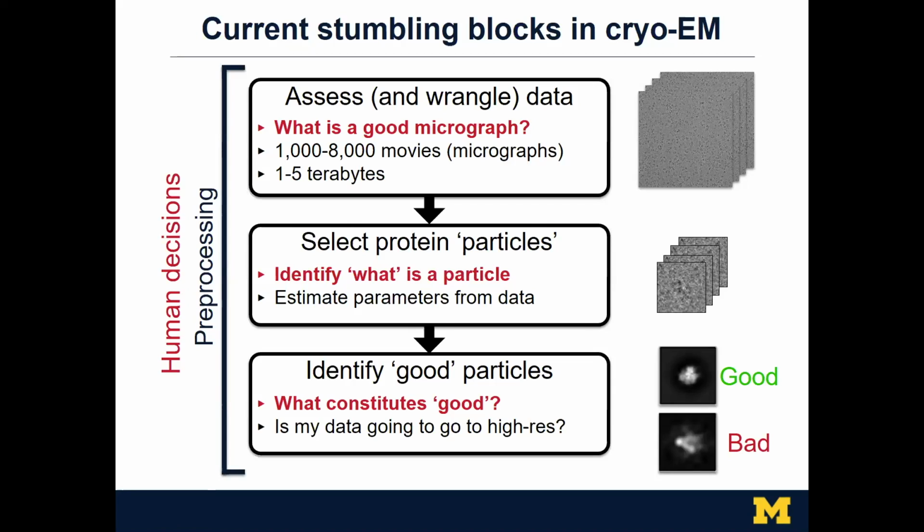So the question is, can we capture all these expert decisions into pre-trained neural network models so that we can make the pre-processing pipeline fully automatic, which means that the pipeline will just act like a black box? We will input your movies or motion-corrected micrographs and output a good stack of particles that are ready for 3D analysis.